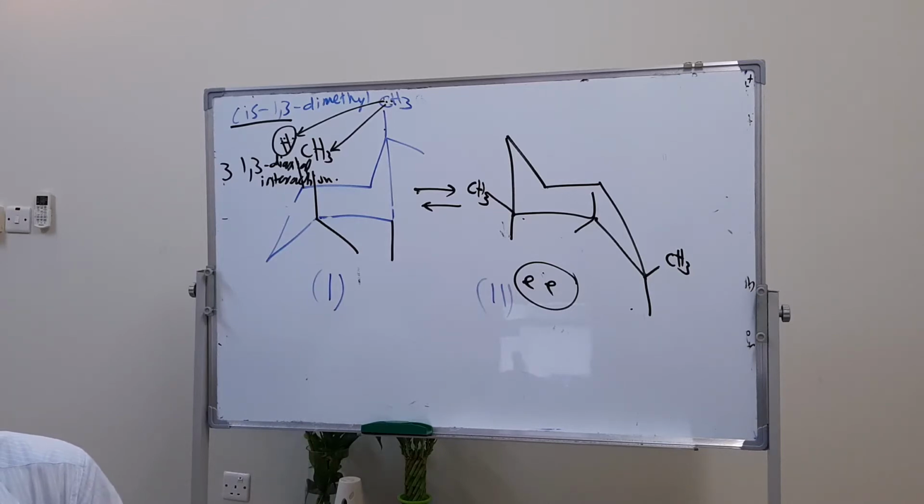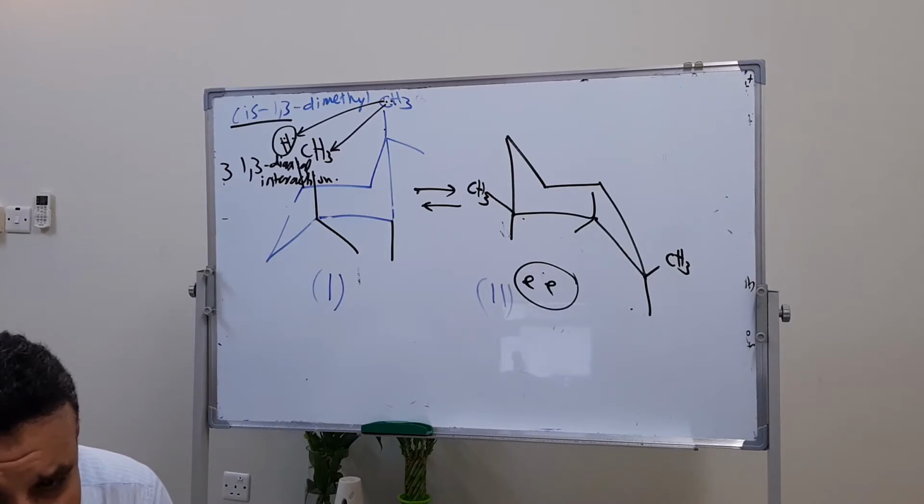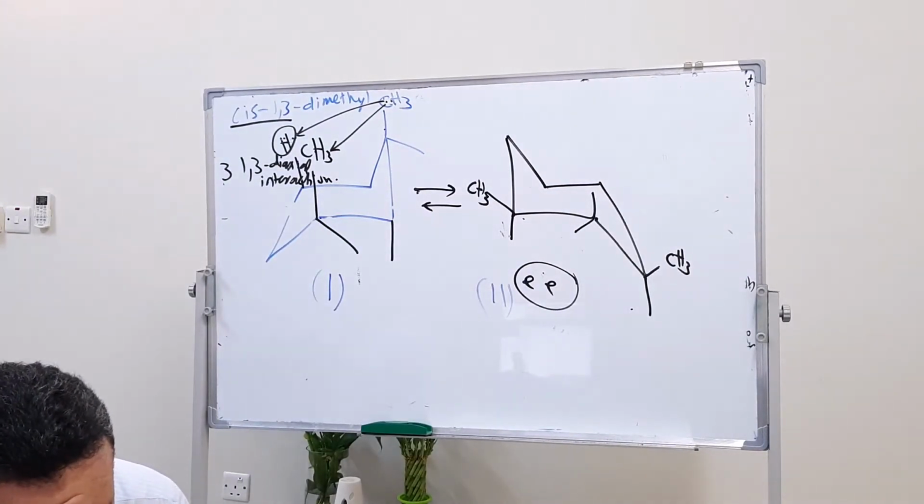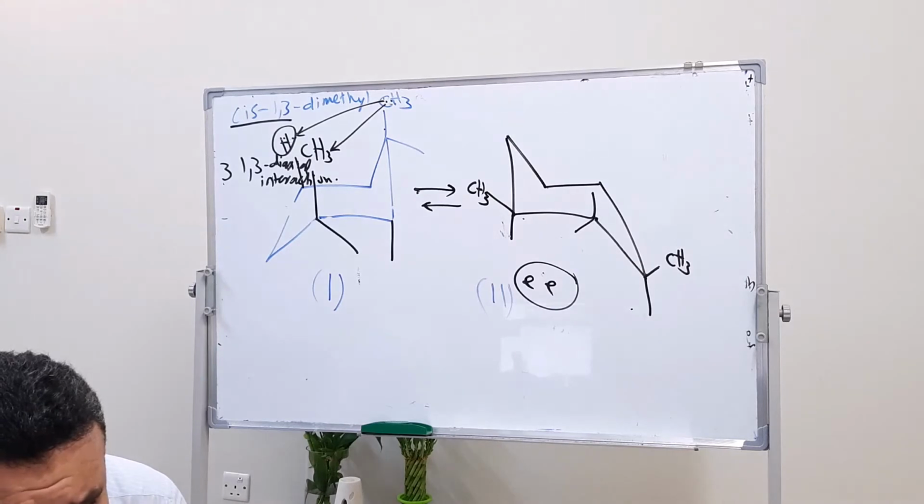Read it in the question. It's written that the diaxial conformation of cis 1,3 dimethyl cyclohexane is approximately 23 kilojoule less stable than the diequatorial.